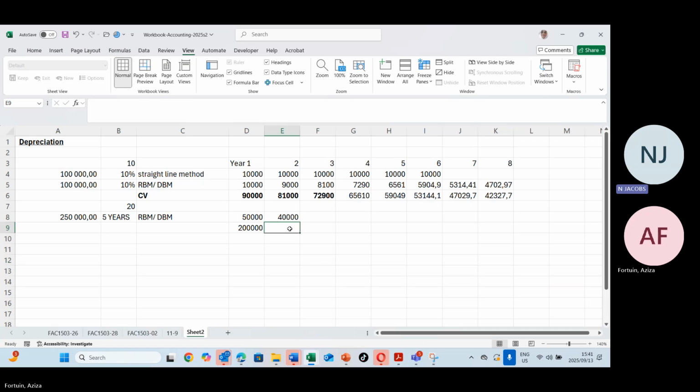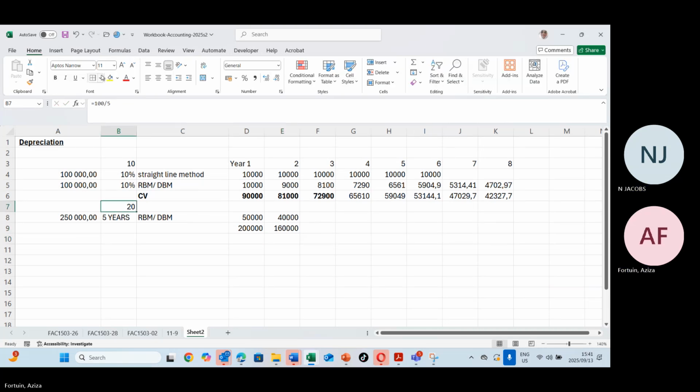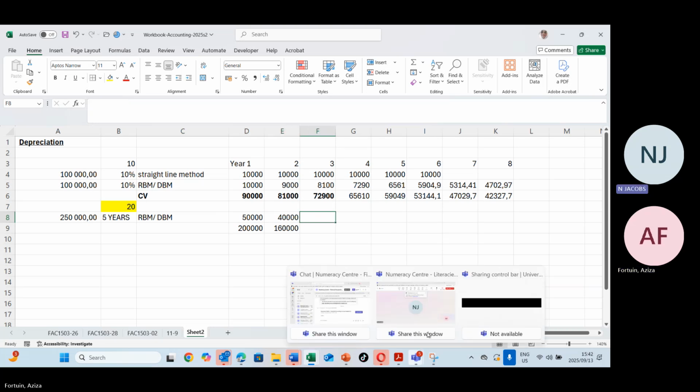Isn't it 10% from the 200? 20%, yeah, 20%. I see, this is my mistake. Sorry, I used 10% because of the previous example. Okay, now you're going to redo year 2, 3, and 4. Okay, I'm going to correct it now.